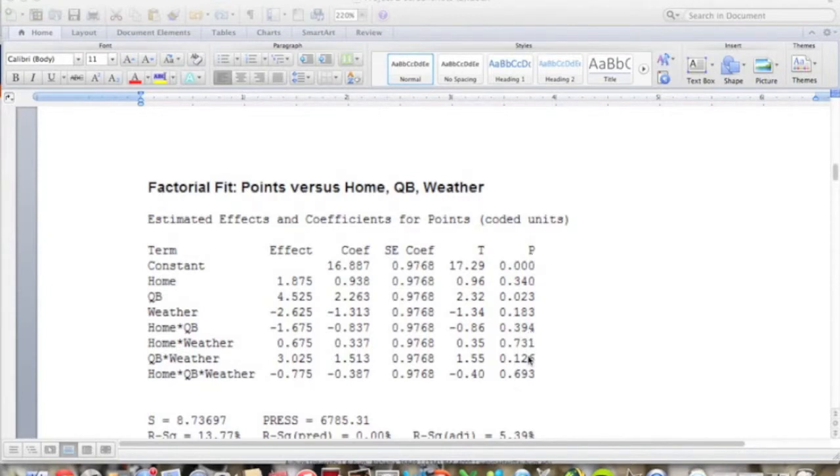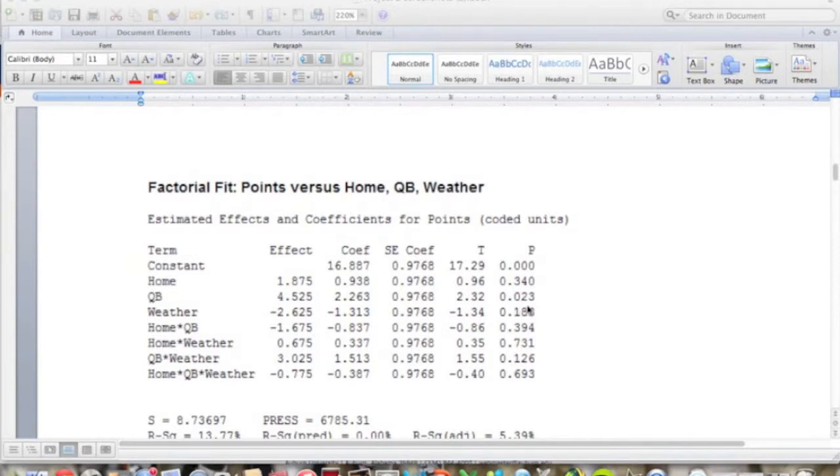The p-value is the probability that we would falsely believe that this factor would affect our total points scored. So we want this probability to be very small. And we see that the quarterback having a starting quarterback versus a non-starting quarterback had a p-value of 0.023.